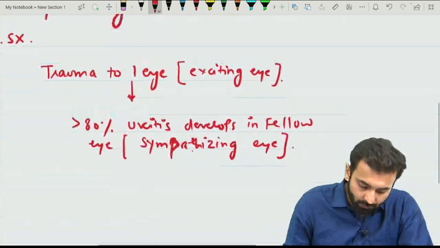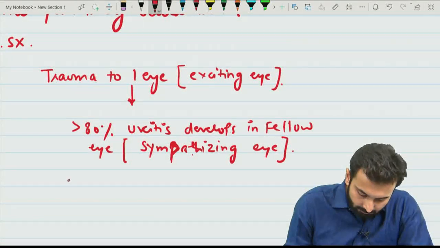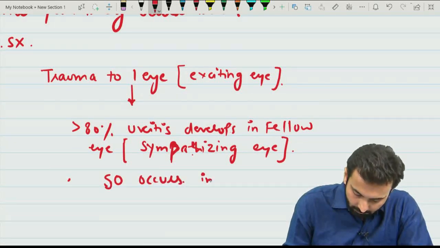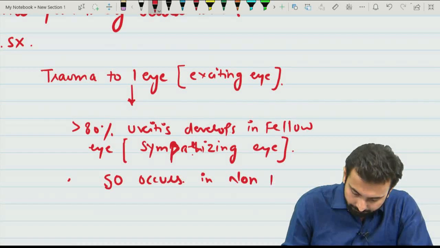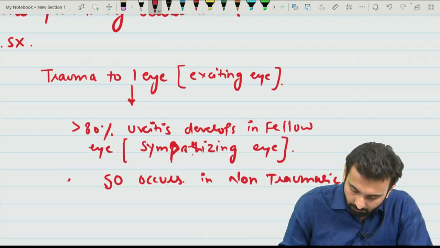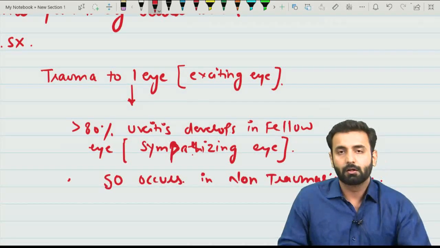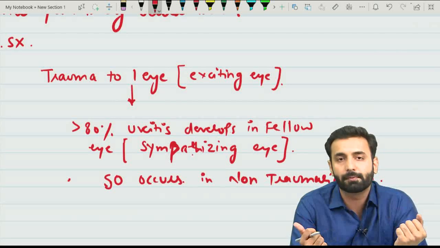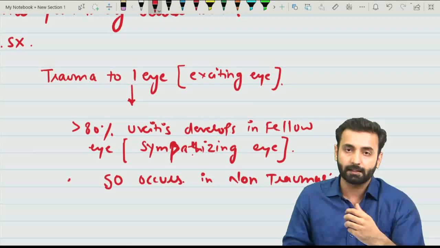One thing you need to remember is that sympathetic ophthalmitis develops in the non-traumatic eye. Now an important thing to note is the duration of development of sympathetic ophthalmitis in the sympathizing eye.